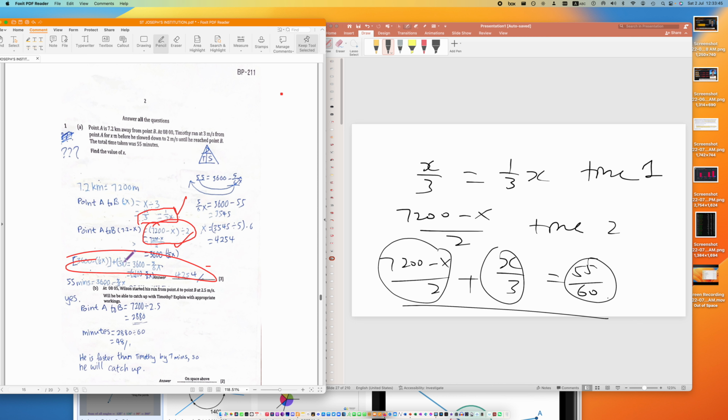So you make the denominator the same first, right? Cannot solve.